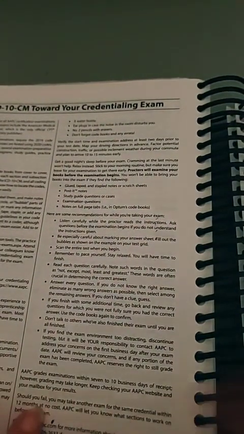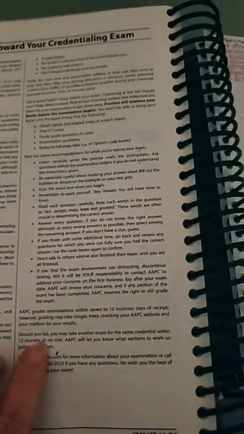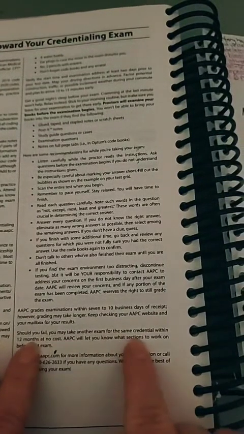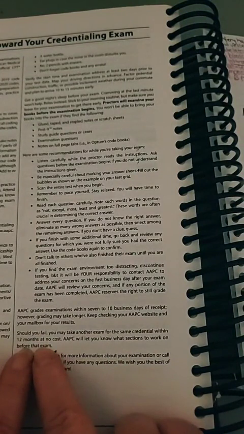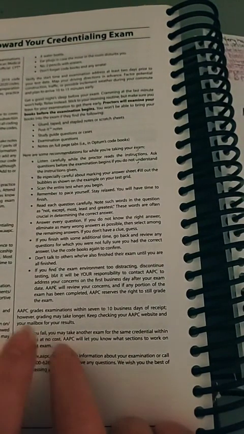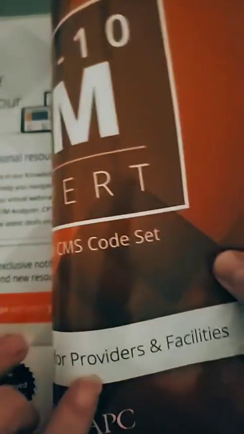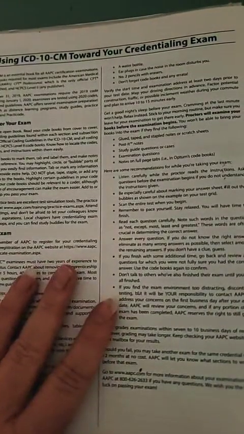And it also says down here, the second to the last paragraph, should you fail, you get to take a retake before the 12 months is up, a free repeat exam too. So this is part of the AAPC's ICD10 book, in case you were wondering where that page was in your ICD10 book.